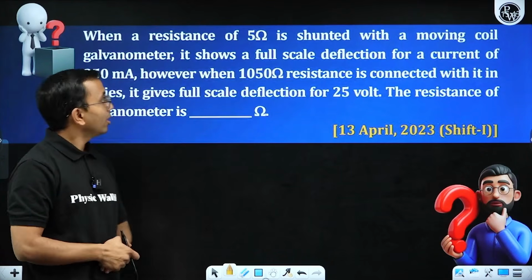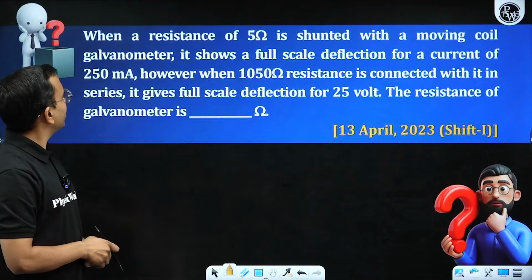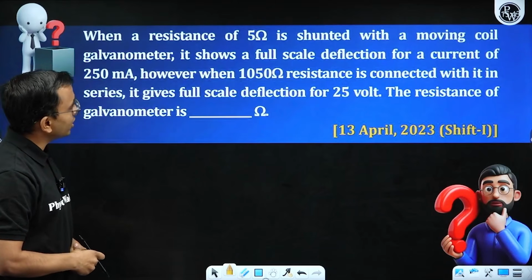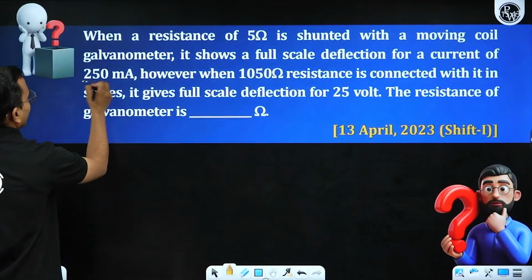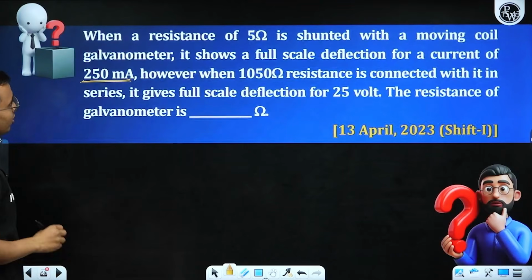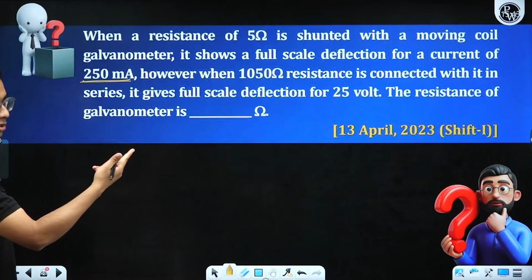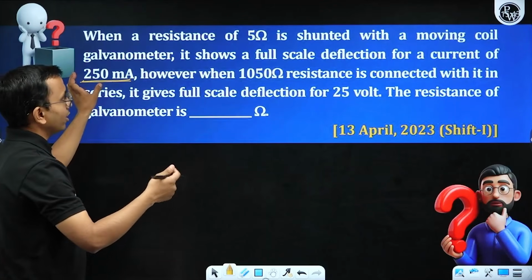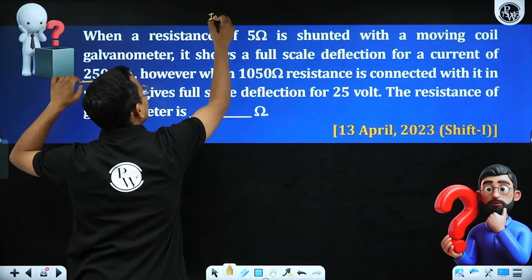Another question. When a resistance of 5 ohm is shunted with a moving coil galvanometer, it shows a full scale deflection for a current 250 milliampere. So full scale deflection of 250 milliampere when 5 ohm is shunted with a moving coil galvanometer. Okay, it's the total current. Let us take the galvanometer current is I galvanometer, Ig.